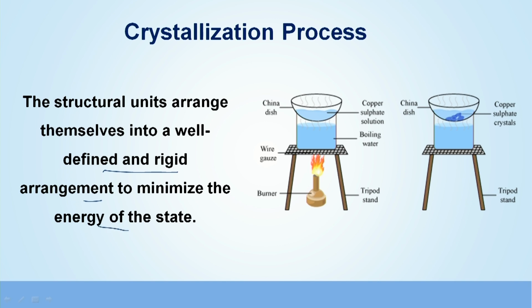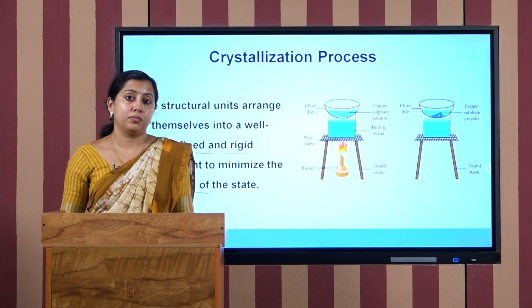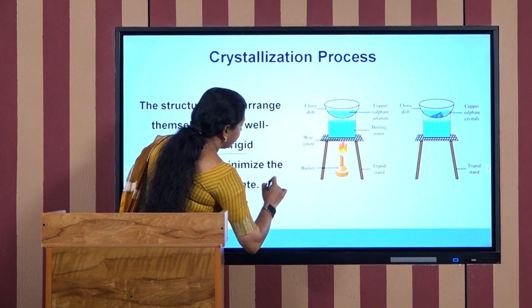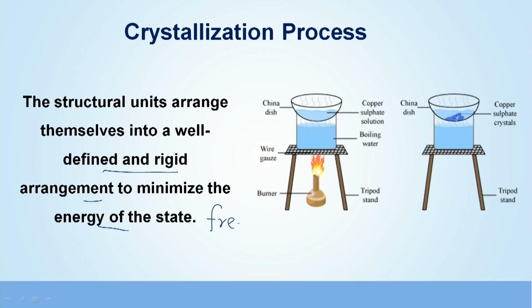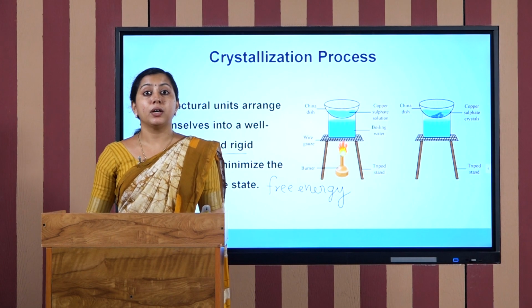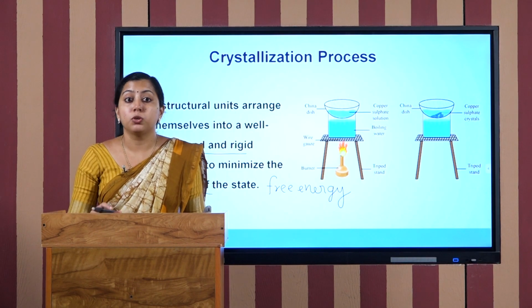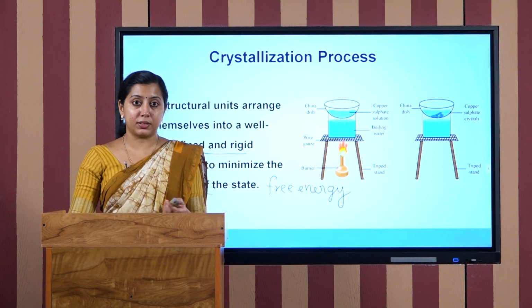A perfect or well ordered arrangement will reduce the energy of the system, which in turn causes a decrease in the free energy of the state. So, during crystallization, the structural units arrange themselves into a well defined and rigid arrangement to minimize the energy of the state.